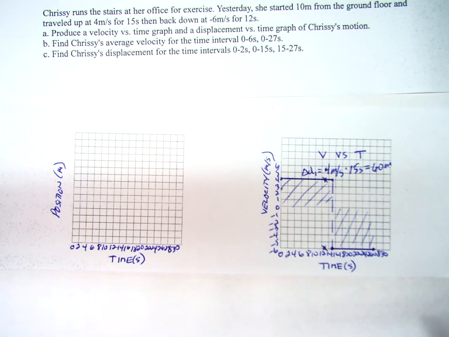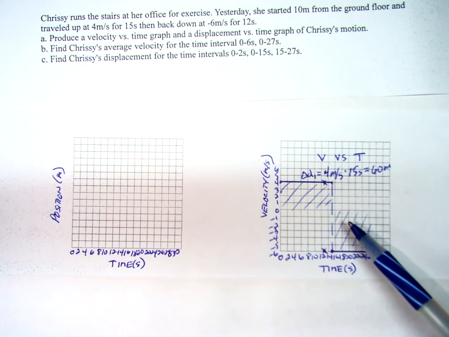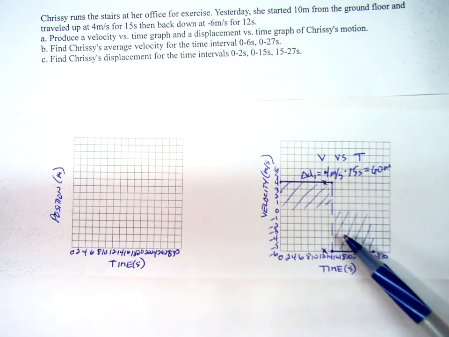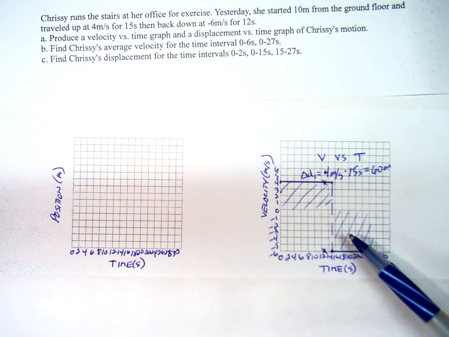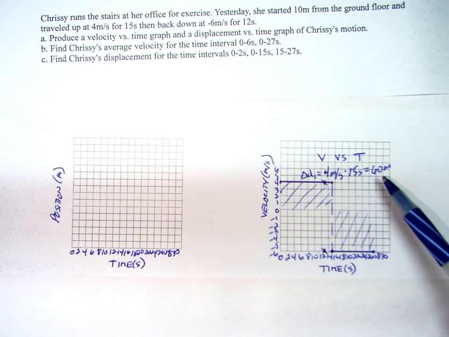Now, I want you to recognize, hopefully, that if we did not know where Chrissy started, if we didn't know that she started at 10 meters, we wouldn't be able to know where she ended up. But we definitely could tell how far she traveled and in what direction she traveled. We know that she travels in the positive direction for 60 meters.